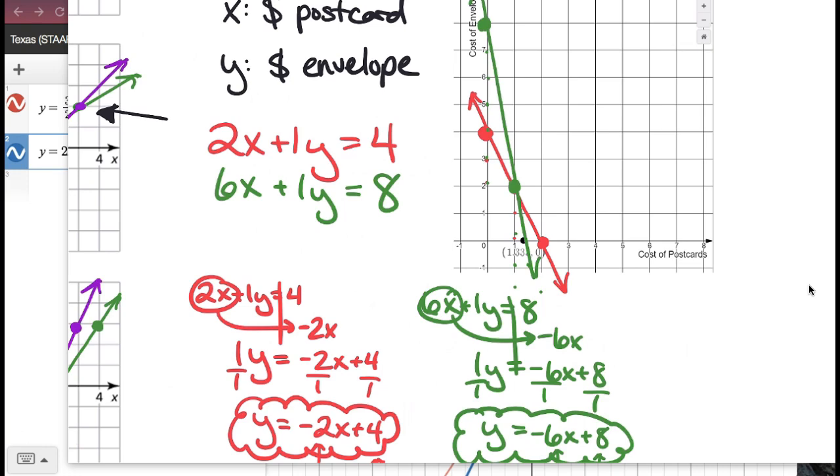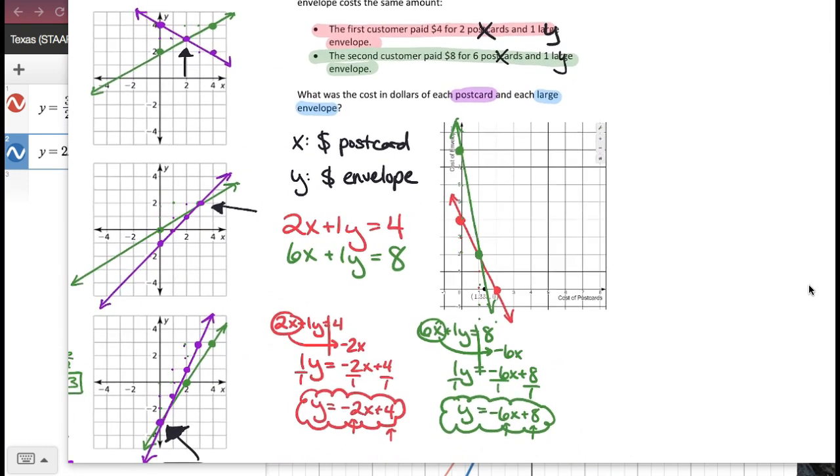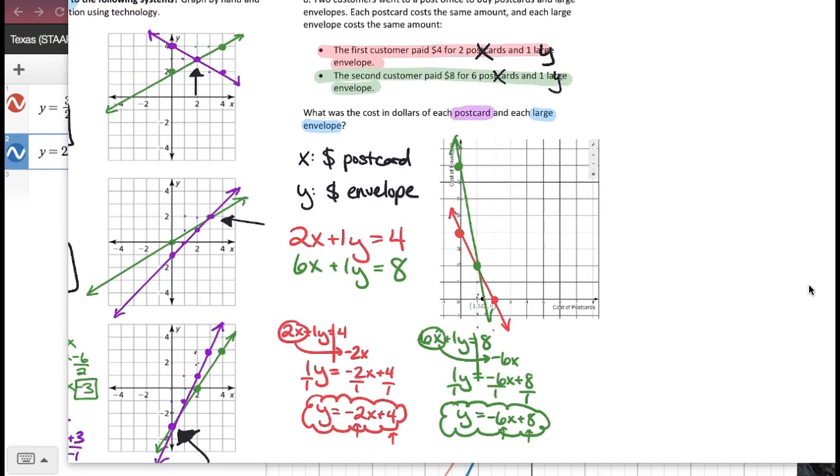We would see that this has a solution. We know that this system that's talking about the postcards and envelopes has a solution because they have a place that they cross in the real plane. That, my friends, is the coordinate (1, 2). Now in a math problem, telling me, Miss Quigley, (1, 2) is the solution would be fine.